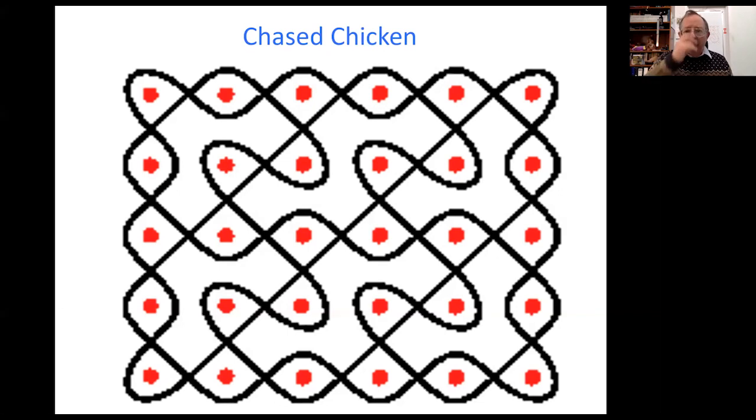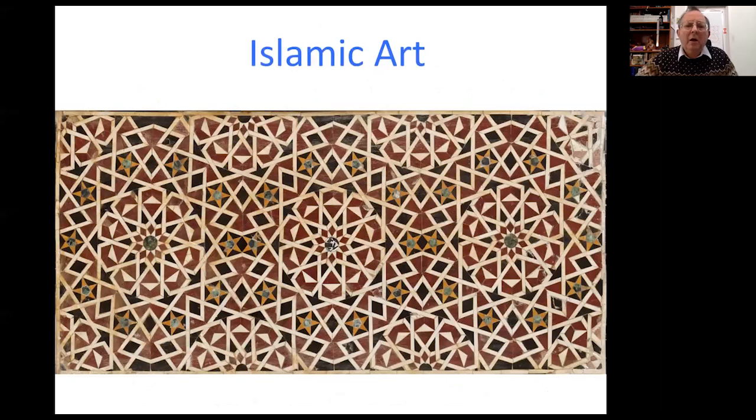So let's move up from the Celtic art to round about the 10th century or thereabouts, where some of the primary mathematical art was being produced in the Islamic area, so North Africa and Southern Europe.